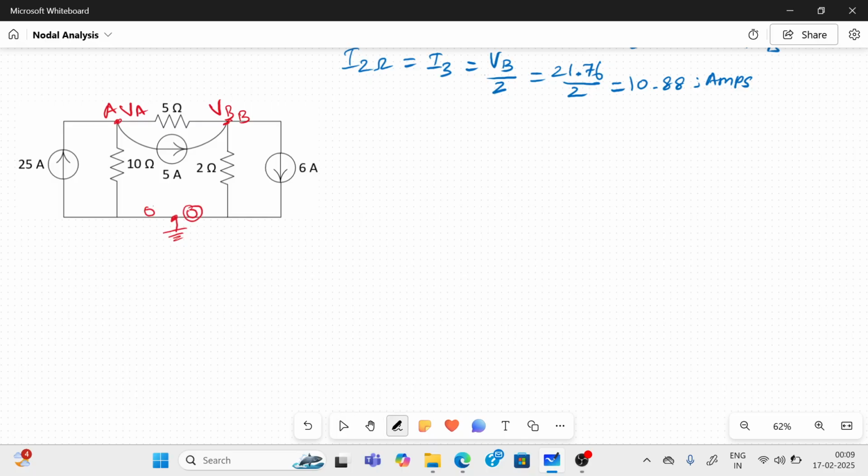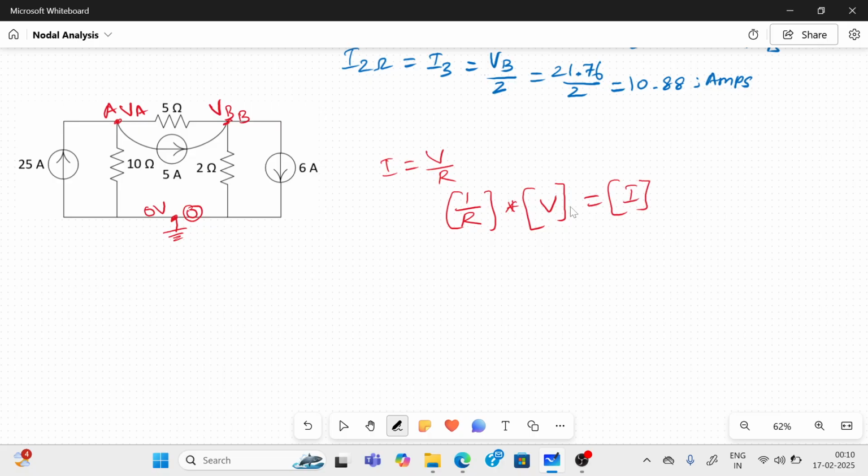Right? We can go for the matrix method. So the matrix method as per KCL. KCL is what? Current, I is equal to V by R. Then here the matrix is the 1 by R matrix into V is equal to the I matrix.